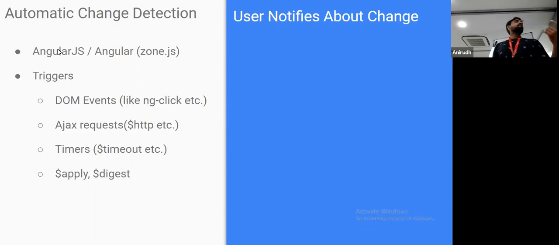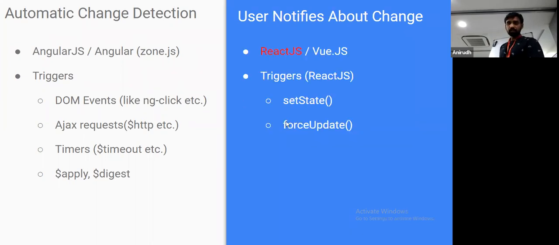So as you can see, AngularJS or Angular has to do a lot of checking to actually detect that some changes have happened. But in case of React, and even in the case of Vue, the user notifies the framework that some changes have happened.